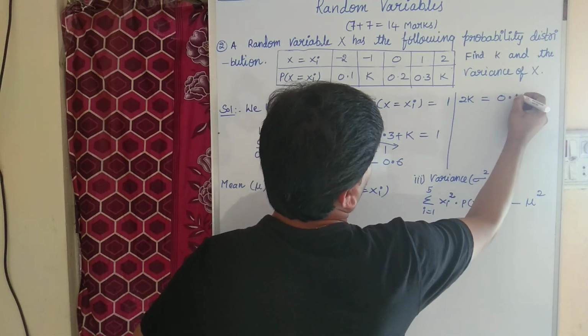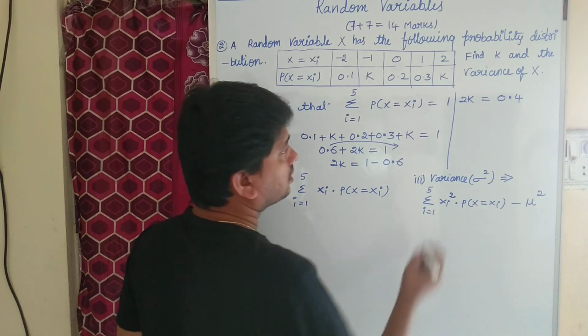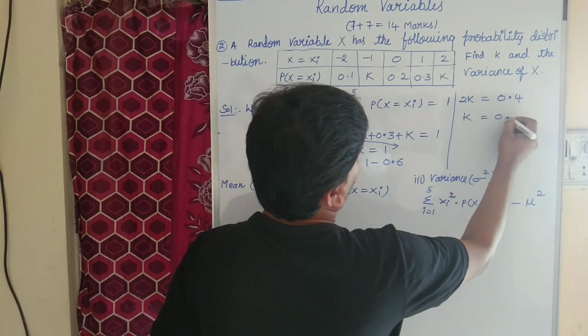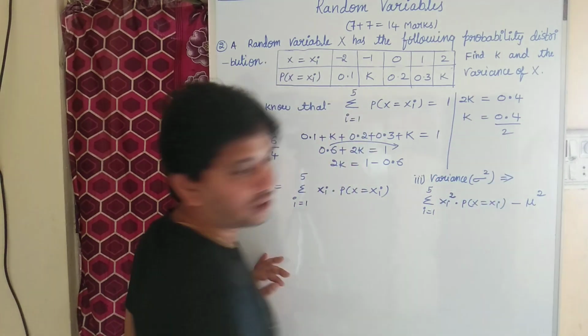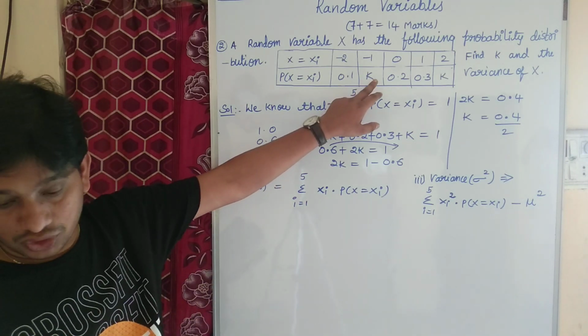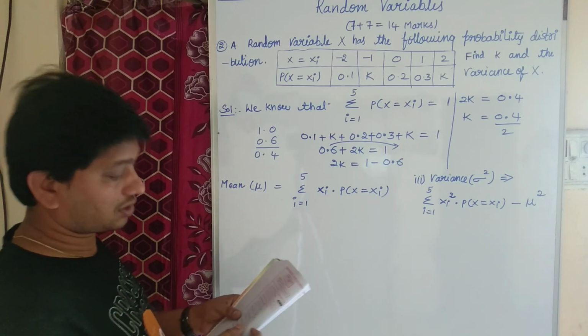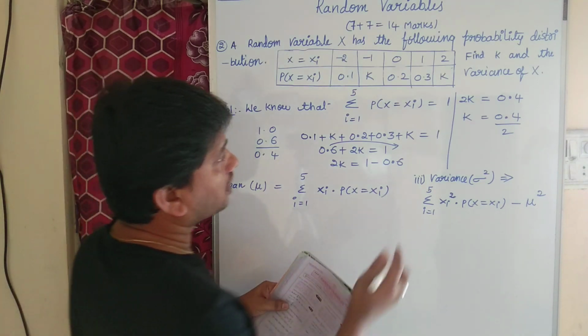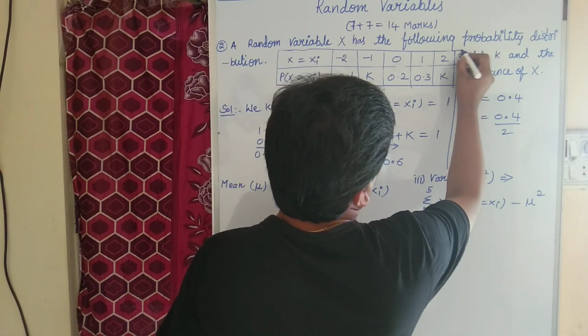2k equal to 0.4, right? So k equal to 0.4 divided by 2, 0.1. Sorry children, this is 1, 2, 3. Also there we have, I did not write the question.